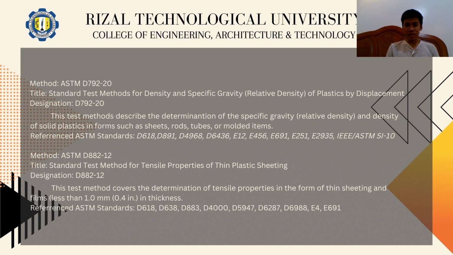Tensile properties determined by these test methods are of value for the identification and characterization of materials. For control and specification purposes, tensile properties can vary with specimen thickness, method of preparation, speed of testing, type of grips used, and manner of measuring extension.